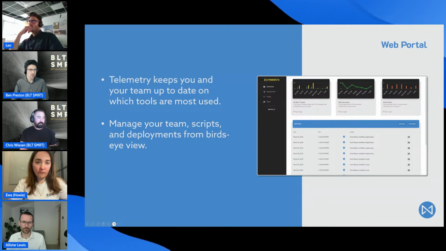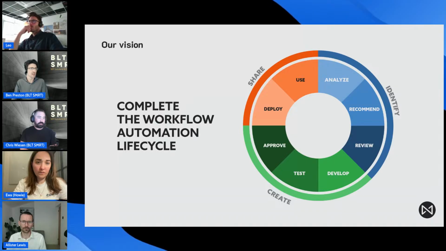And with that, I think I will hand it back over to Chris to finish us out. Yeah, so one of the things that Alistair mentioned as a focus is really how we're using AI to change the way we work. And so what we've envisioned Maestro being is your automation specialist that you have in-house all the time.